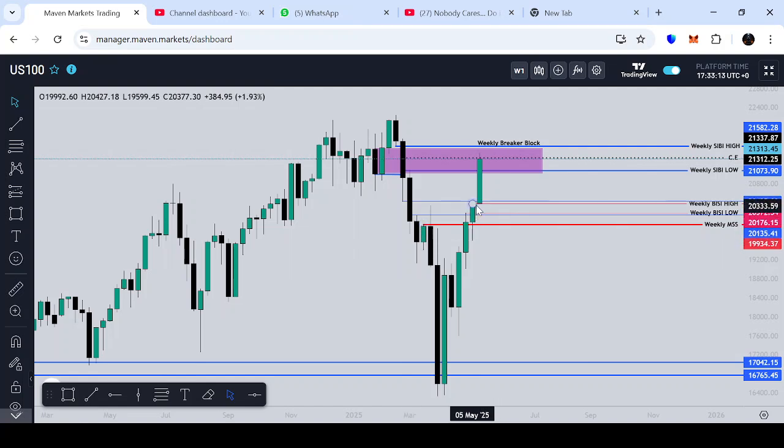We have an inefficiency here, BISI, buy side inefficiency, sell side imbalance, and an inversion fair value gap, as price has validated above it. So it's going to act as an inversion fair value gap.